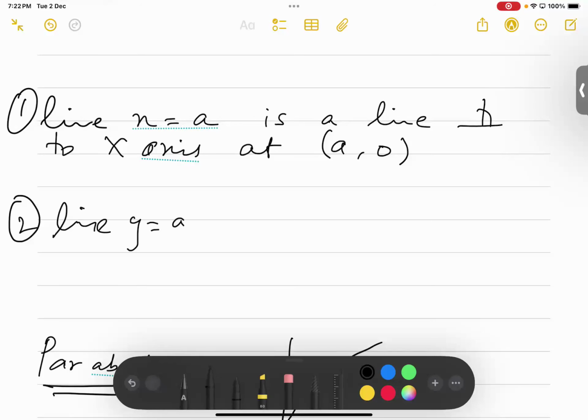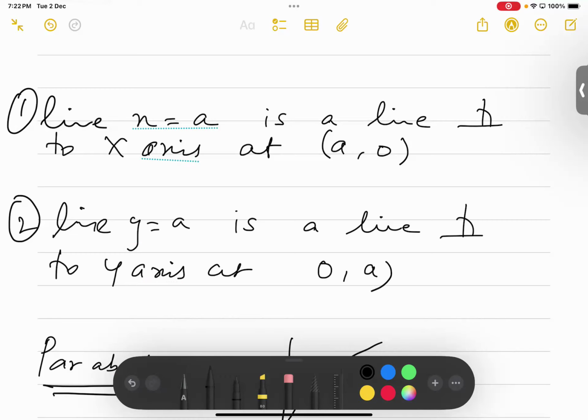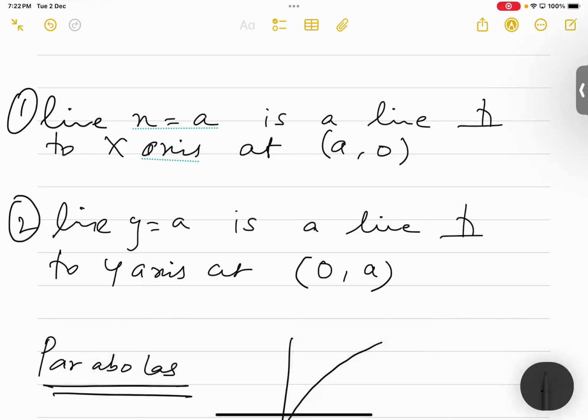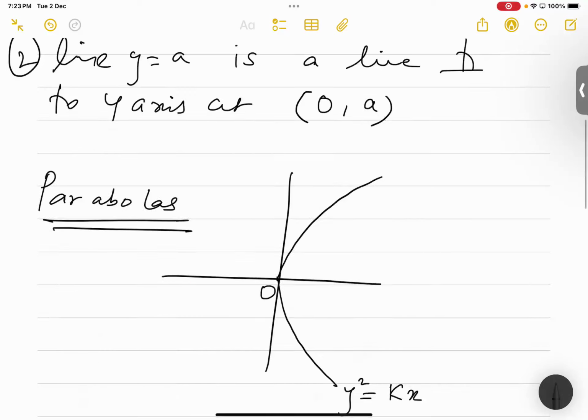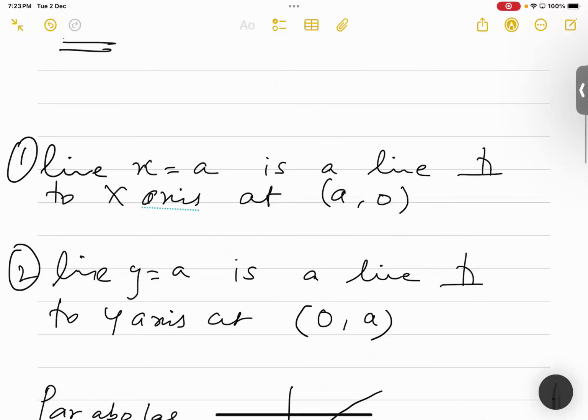And line y equal to a is a line perpendicular to y axis at 0 comma a. Have you copied this?